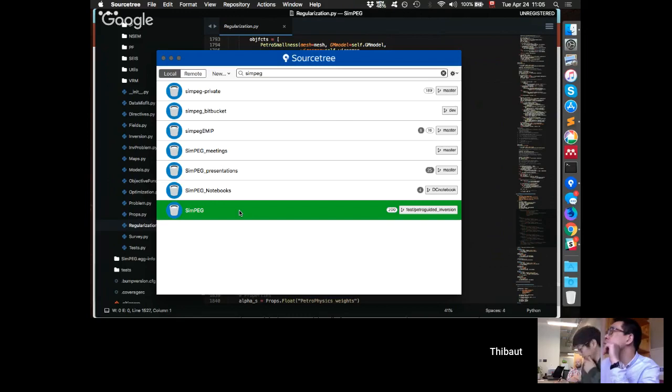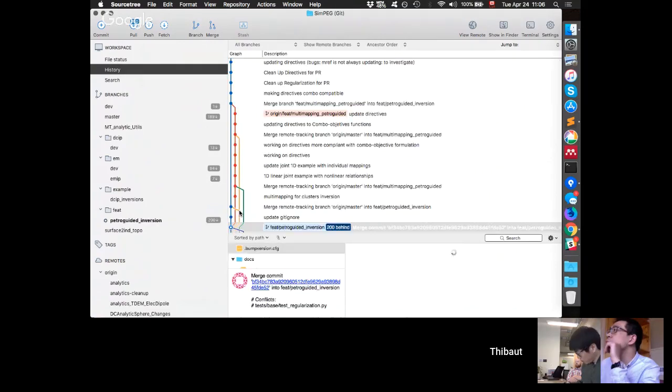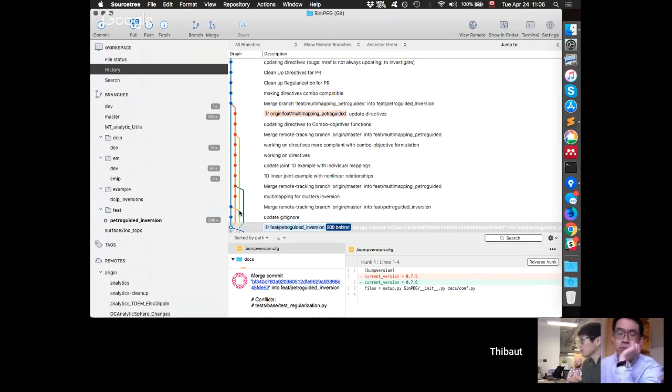Now I just have a utils.make_petrol_regularization, and that's how it gives you your reg object. Under the hood it's a combo objective, but the first term is the smallness that takes the whole model with all the physical properties, and then I have a smoothness for property one plus another smoothness for property two.